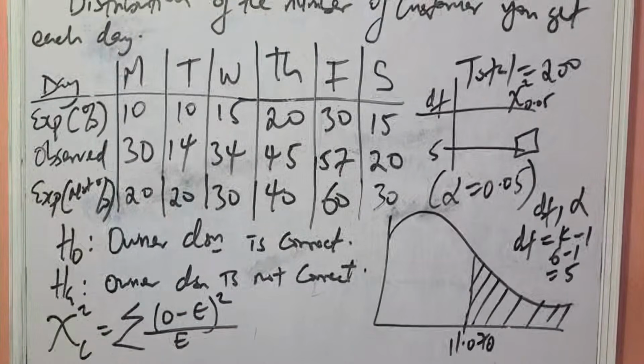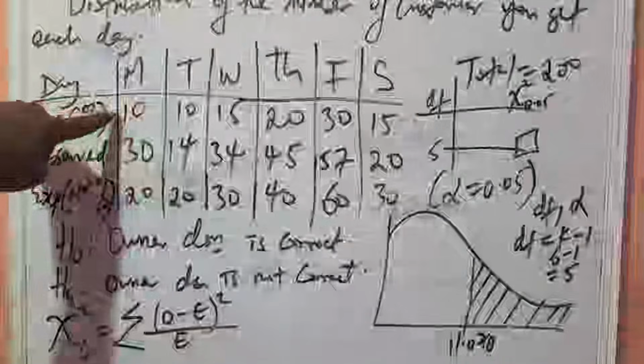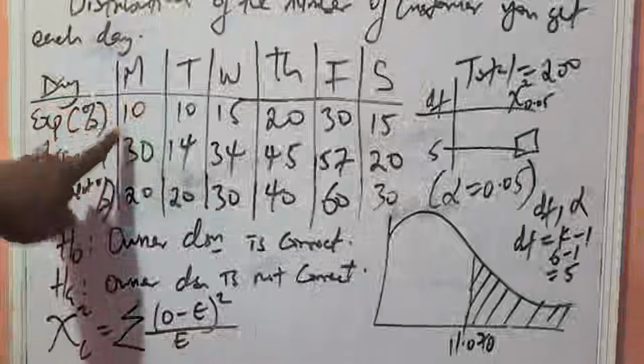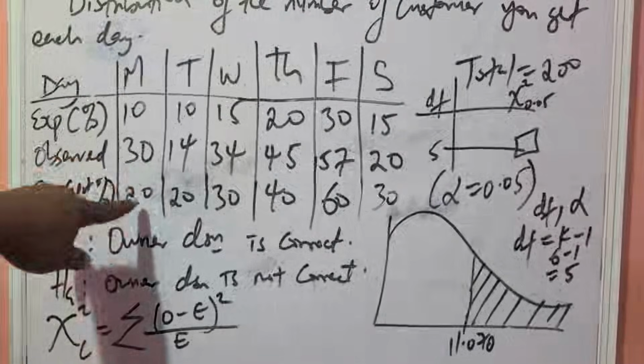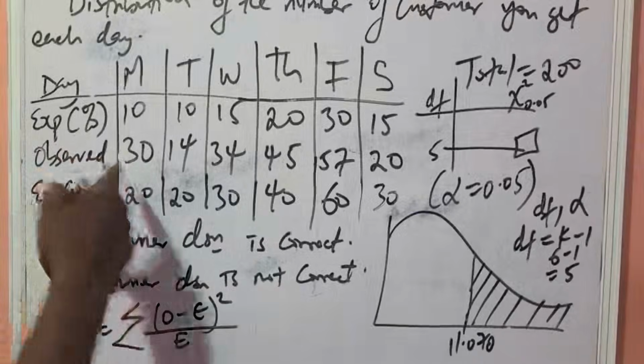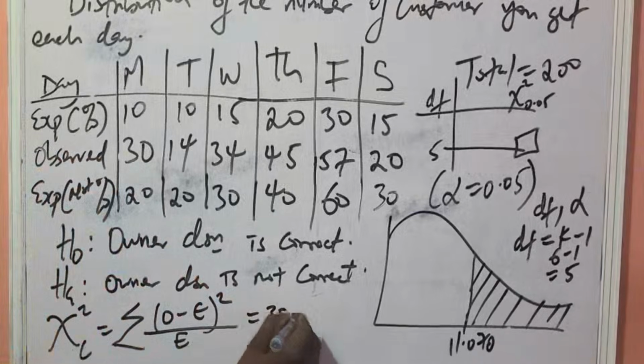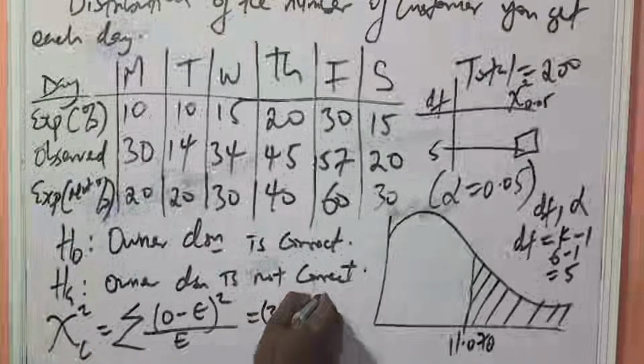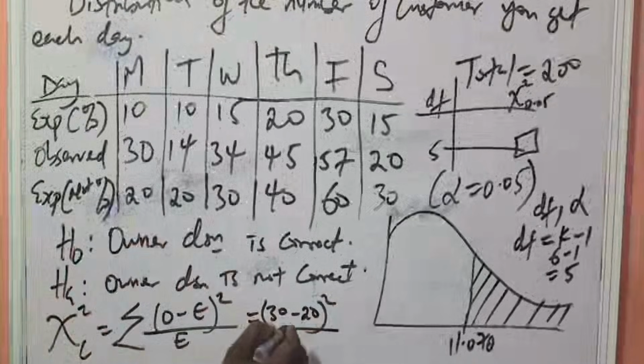So what you want to do now, and I want you guys to do this in a few minutes. Let me give you guys 1 minute to find these test statistics. Now you cannot use this percentage value. I told you guys that already. So you want to use the actual value. So you say observed 30 minus expected 20, all squared over expected 20.